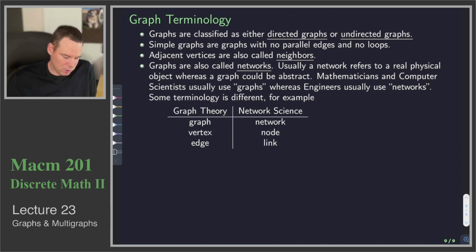So the analogy between the various parts is that a graph in graph theory is a graph, but in network science, it would be a network. In graph theory, vertices are called vertices, but in other areas, they may be referred to as nodes, and similarly, edges may be referred to as links. So depending on the discipline you go into, you may be using different terminology, but all of the underlying structure and results carry forward.